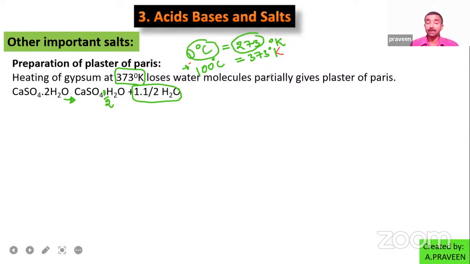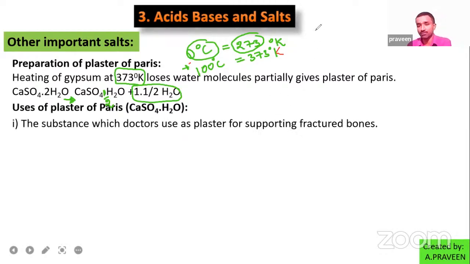So CaSO4 half H2O is a composition formula of plaster of Paris. So like this you are preparing plaster of Paris.